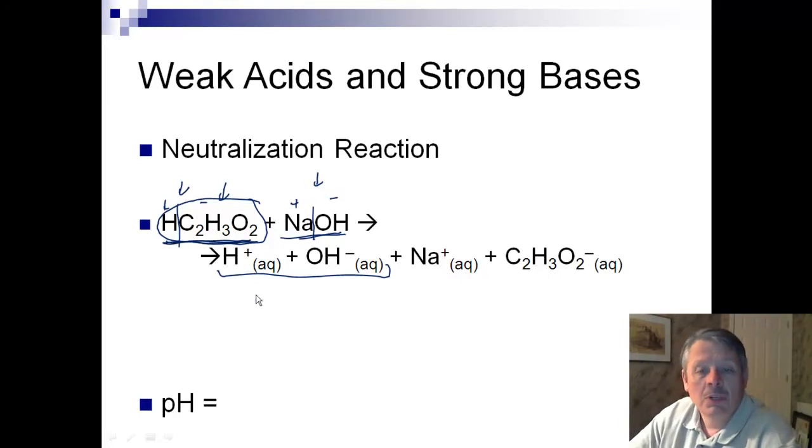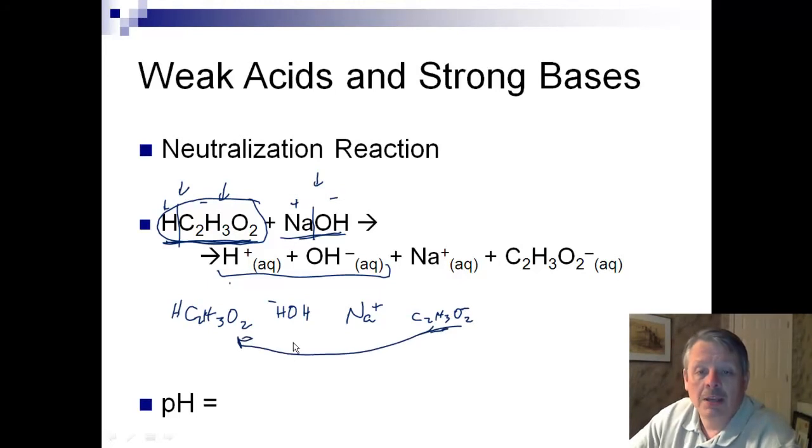So what you're going to end up with down here is some HC2H3O2 in the liquid. You're going to end up with some HOH or water. You're going to end up with some Na+, and a little bit of C2H3O2. But virtually almost all of this stuff is going to end up back here.